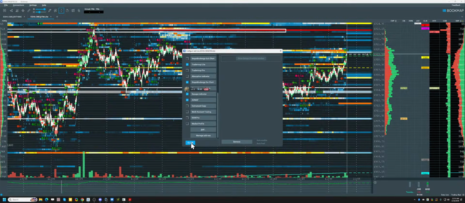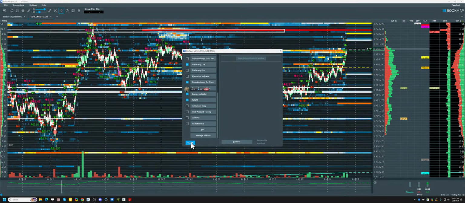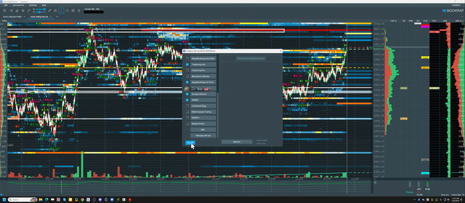Can't tell you much about that. I haven't tried it yet. It just showed up today. It's the TPO-based profile. So if you guys are familiar, that was when we only had time and no volume. So if you're into the previous time-based market profile with TPOs, that's up to you.